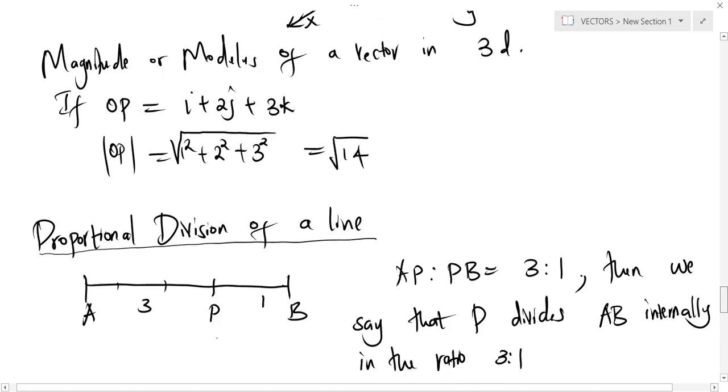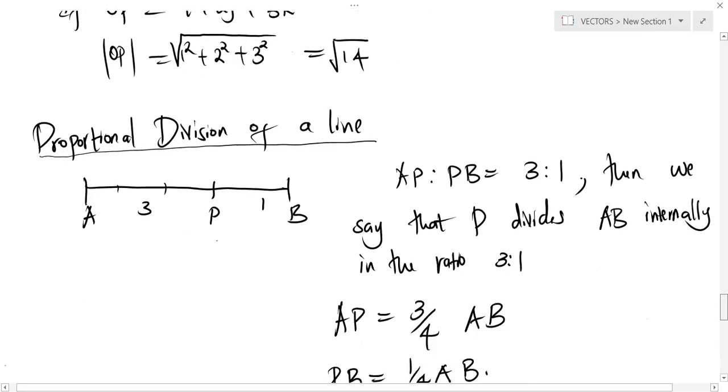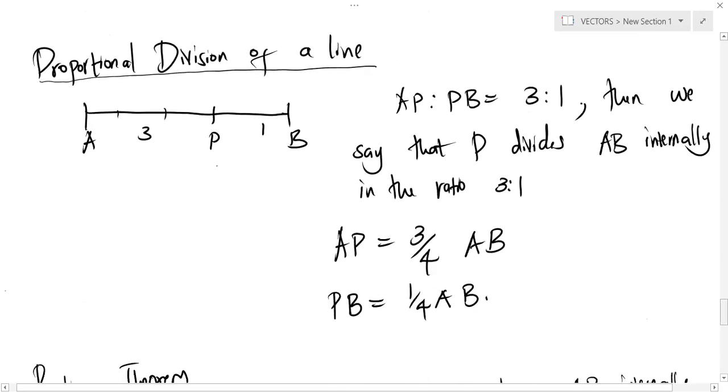Now, proportional division of a line. Let's say we have line AB, as we see here, and AP is 3 units, and PB is 1 unit. So clearly, AP to PB is 3 to 1. Then we say that P divides AB internally in the ratio 3 to 1.